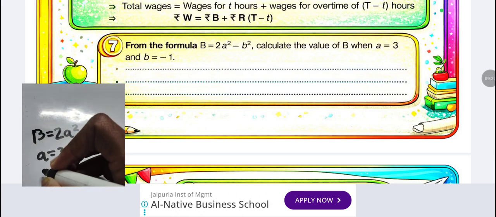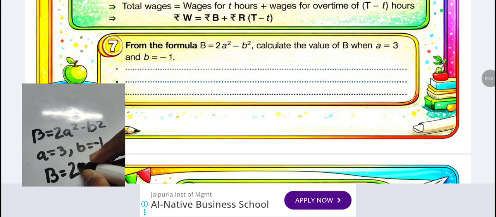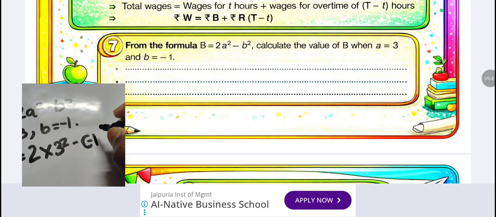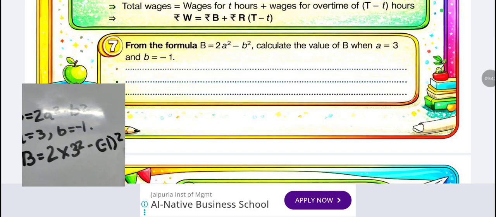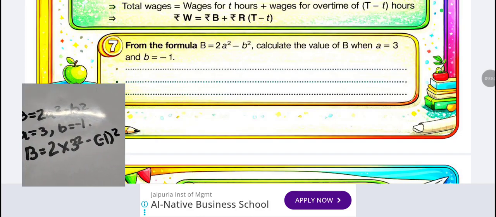Now b equals 2 into 3 squared minus (-1) squared. 3 squared means 3 into 3, that is 9. 2 into 9 is 18.